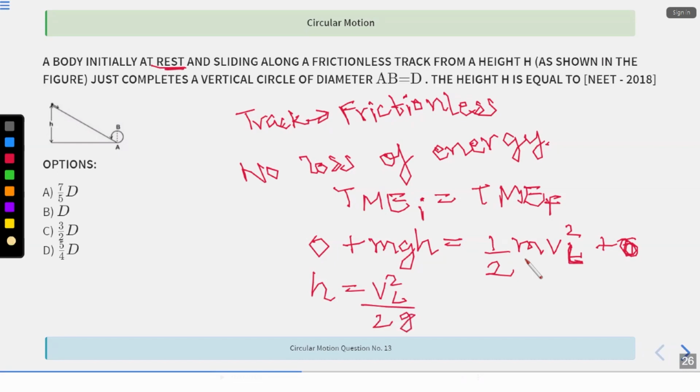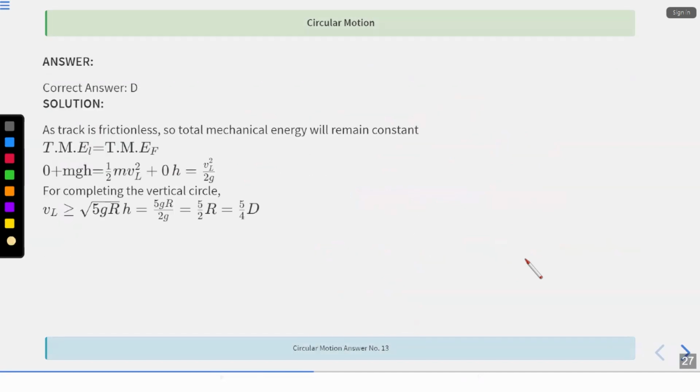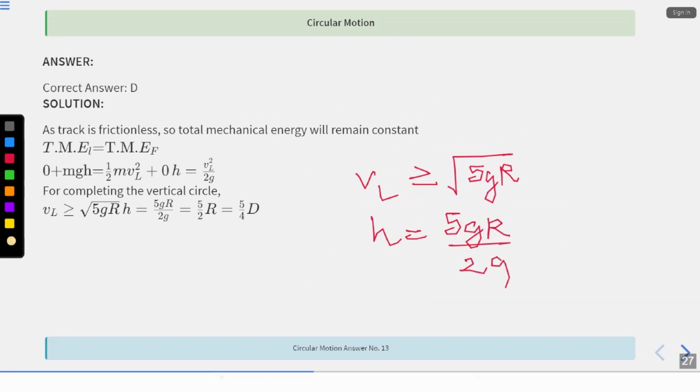We know that for completing the vertical circle, VL must be greater than root of 5gr. So that means h should be equal to 5gr by 2g. And why did I get this?